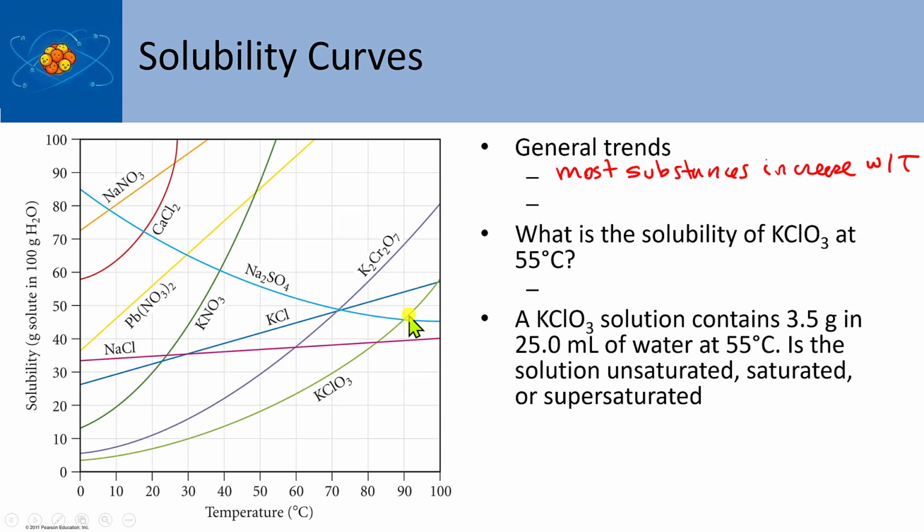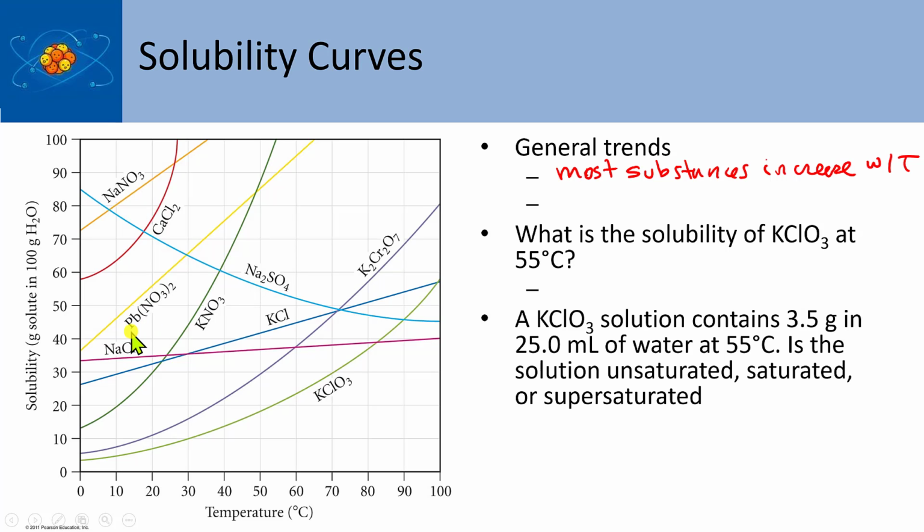Potassium chloride and sodium chloride almost look like straight lines, but calcium chloride is very strongly dependent on temperature. It goes all the way up, and they basically stopped graphing it.